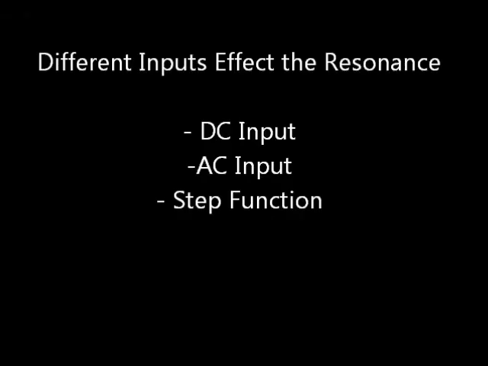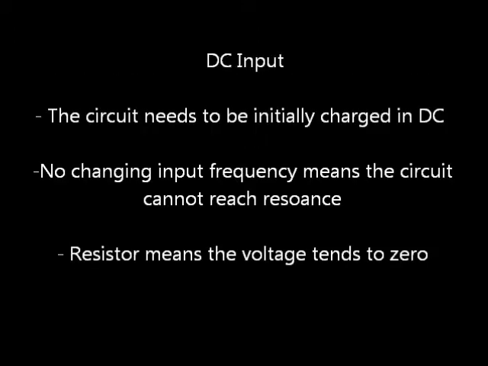Inputs to the circuit have different effects on the resonance, and I'm going to look at three different inputs. First of all, the DC input can't create resonance in a circuit. This is because there's no changing frequency, which means that it can never be in phase with the natural frequency of the circuit.